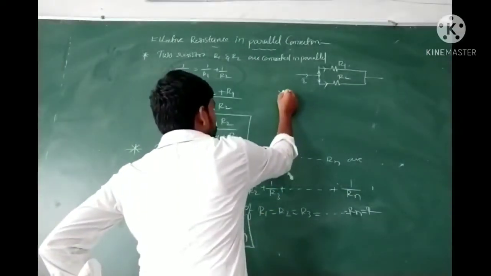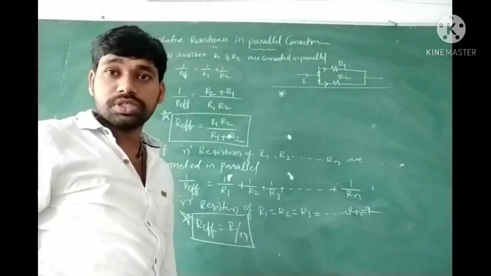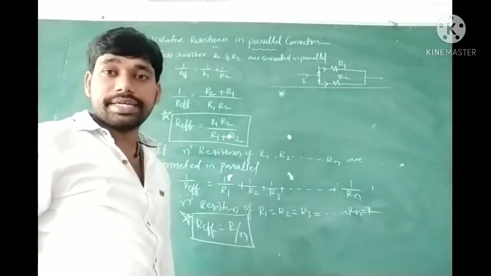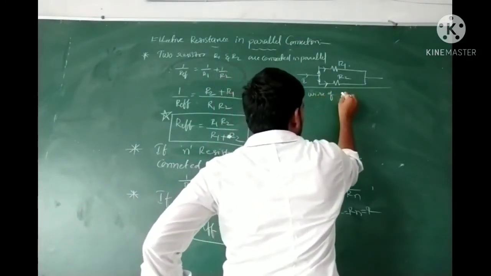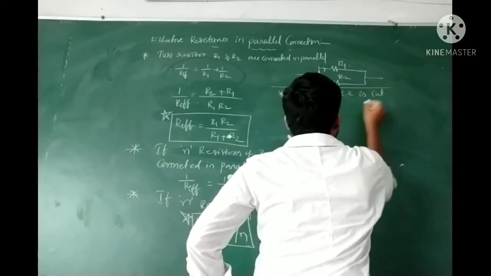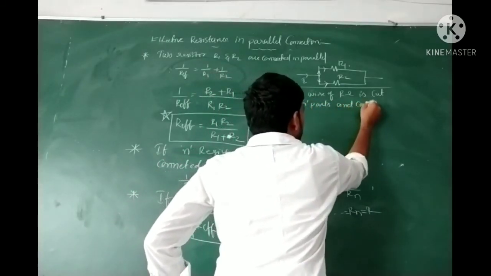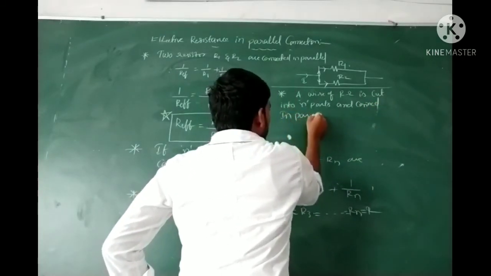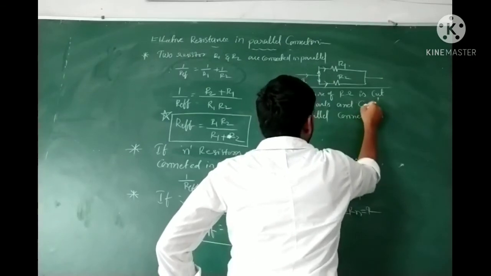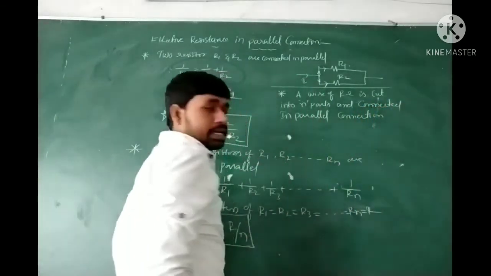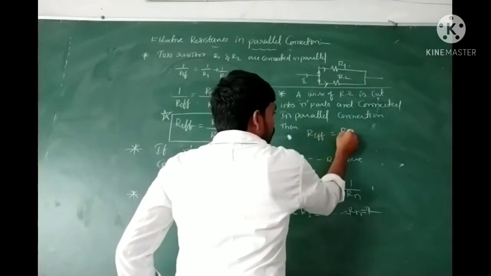Okay, one more formula we can see. If a wire of R ohms is cut into n parts and connected in a parallel connection, then R effective is nothing but R upon n square.